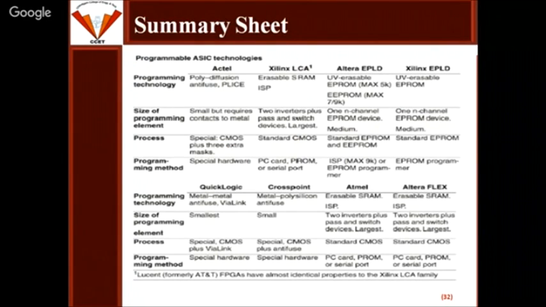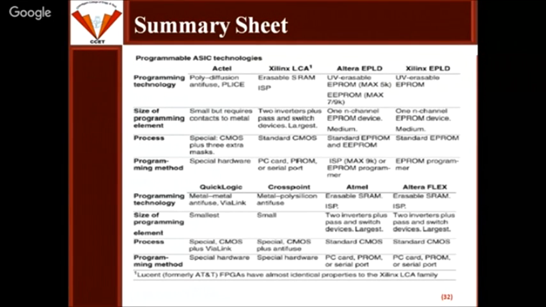So this is a big summary sheet. If you want to study, that is a big one. So programmable ASIC technologies are given by Actel, Xilinx, Altera, and the Xilinx EPLDs. You can think of different programming technologies. In Actel, there is a polydiffusion antifuse technology. In Xilinx LCA, there is erasable SRAM ISP.